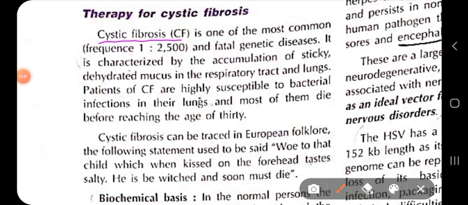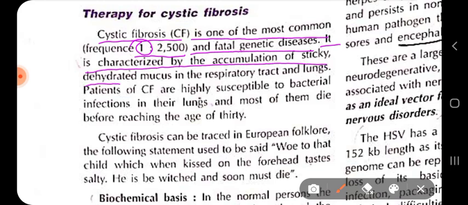Cystic fibrosis is one of the most common and fatal genetic diseases which occur among human beings. The ratio is 1 in 2500. That means out of 2500, one person can have this type of genetic disease. It is characterized by accumulation of a sticky dehydrated mucus in the respiratory tract and lungs.